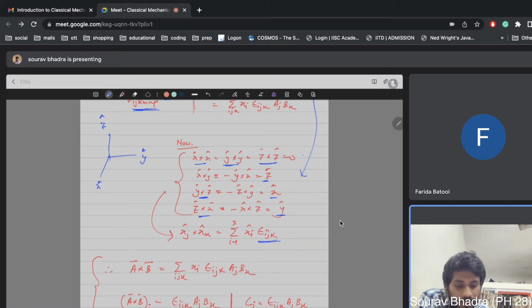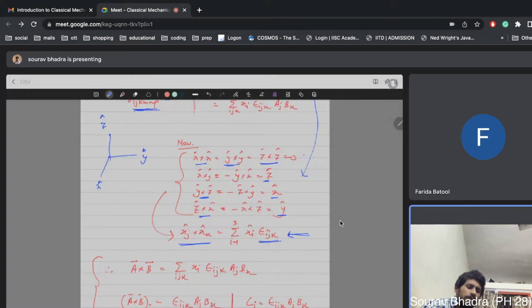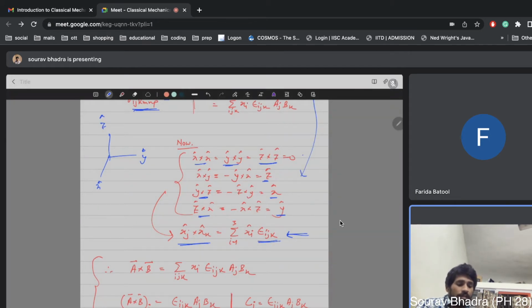So all this set of properties can be written like this: xj cap cross xk cap is equal to the summation over i of xi cap times Levi-Civita epsilon ijk, where i is going from 1 to 3. I will ask you to expand this, taking j and k as whatever you like, 2 and 3, 1 and 2, or 1 and 3, and expand the right hand side.